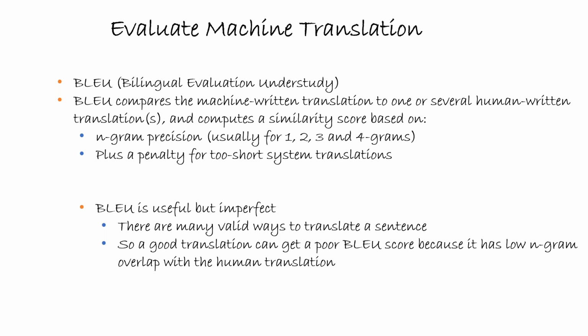There are many valid ways to translate a sentence. So a good translation can get a poor BLEU score because it has a low n-gram overlap with the human translation. So these kinds of challenges are always there in the evaluation criteria, right? So we have to take a little measure of these. You might need to find a better way to evaluate your neural network.